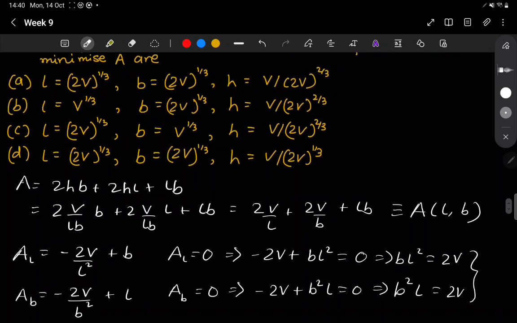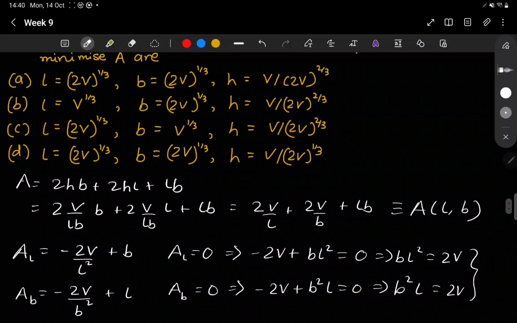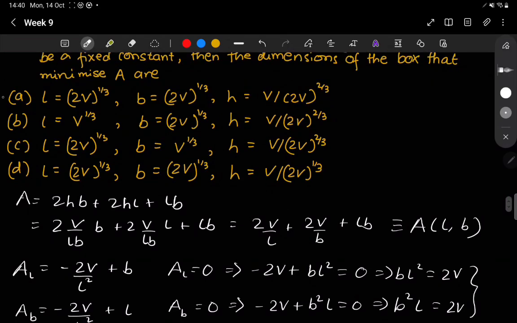So option B is ruled out, because for that the L and B values are different. And option C is also ruled out, because for that also the L and B values are different. Now straight away by dimensions I can select option A, because in option A the dimensions for H are proper.